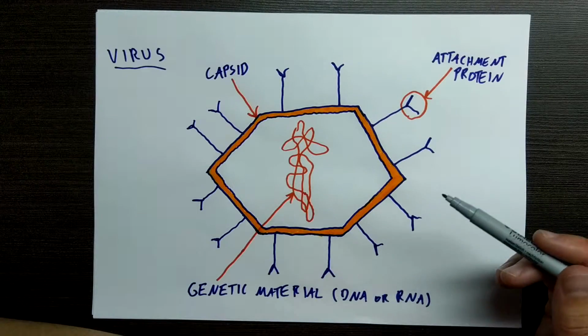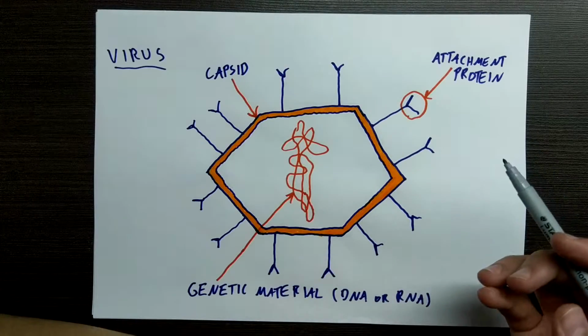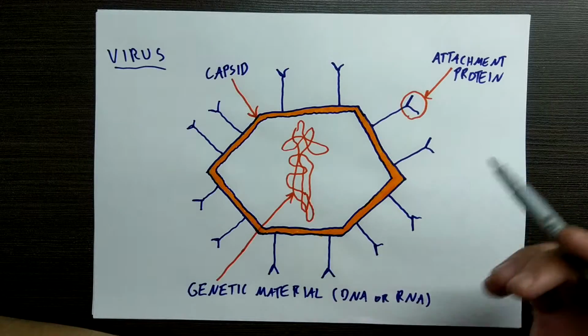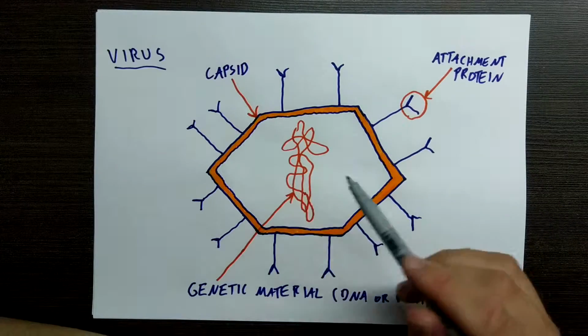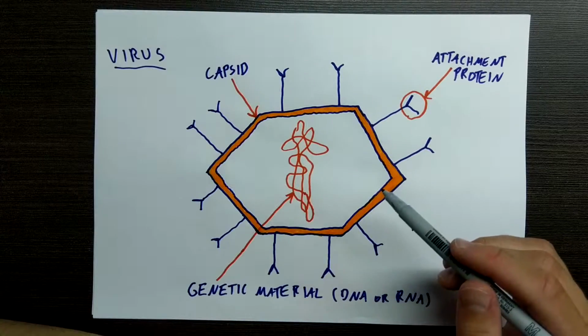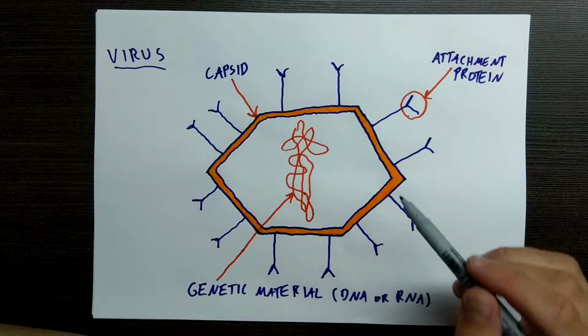So a virus doesn't have, for example, any tangible form of excretion as many other cells and life forms do. So a virus currently is not considered a life form, which is debatable at the moment.